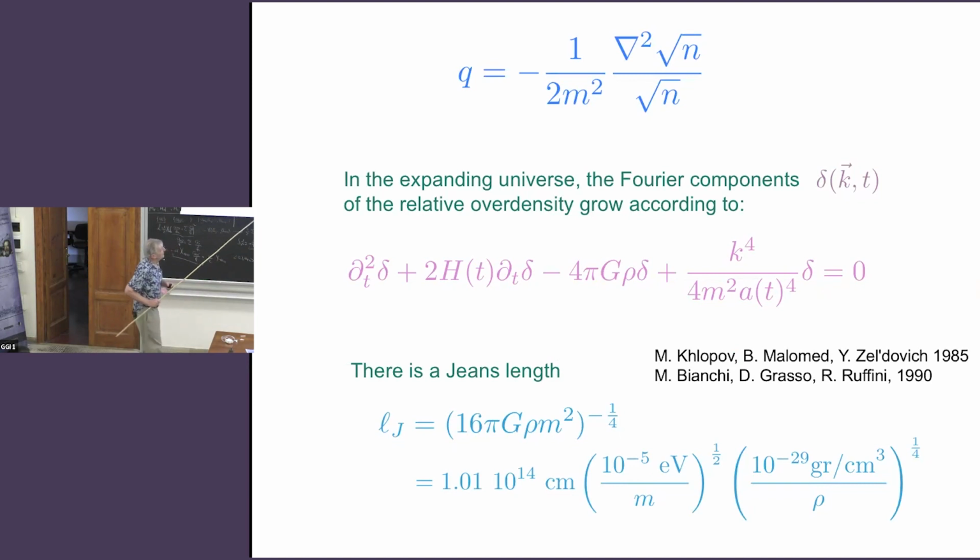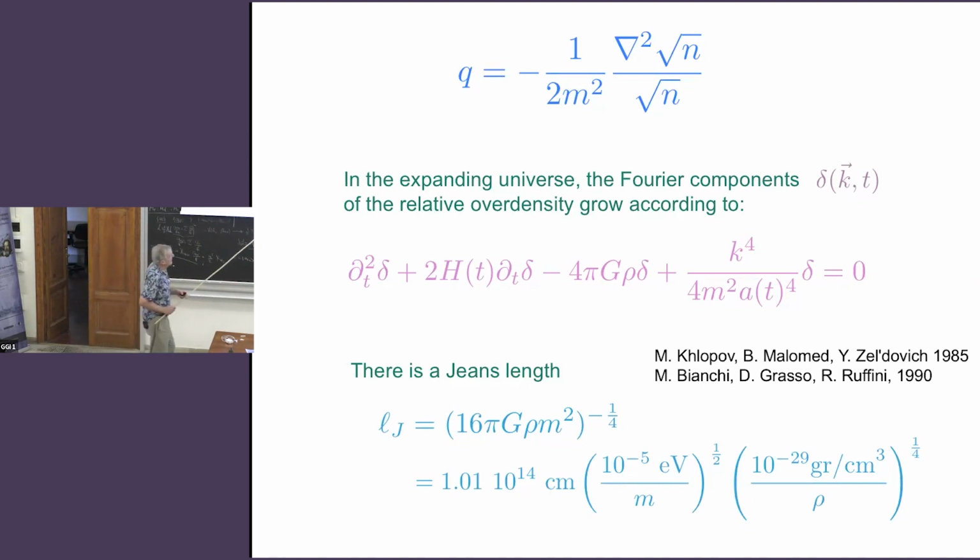And this has an effect because the equation for the growth of density perturbations in the early universe, say for WIMPs, is this equation without the last term. But because of the quantum pressure, you have this extra term. And as was pointed out a long time ago already by Khlopov, Malomed and Zeldovich, this introduces a Jeans length.